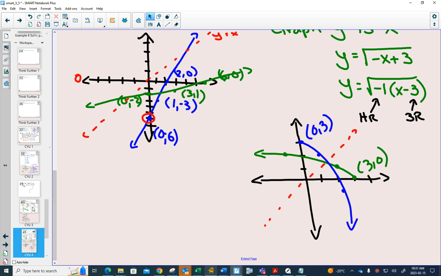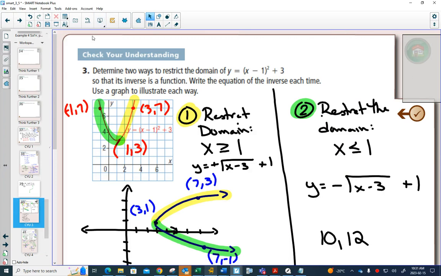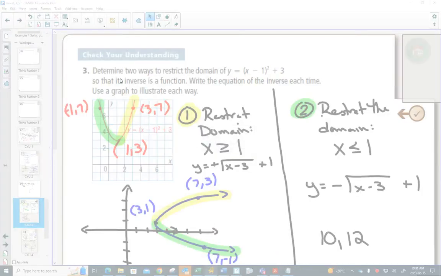Now I said I would like to do another example like example 3 with you.